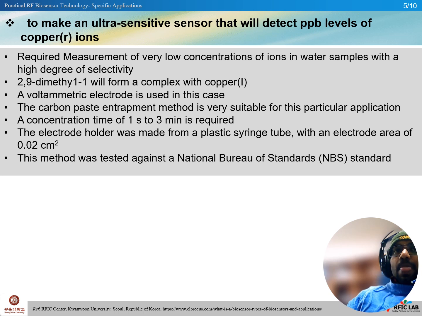The electrode holder was made from a plastic syringe tube with an electrode area of 0.02 square centimeters. This method was tested against the NBS, National Bureau of Standards.